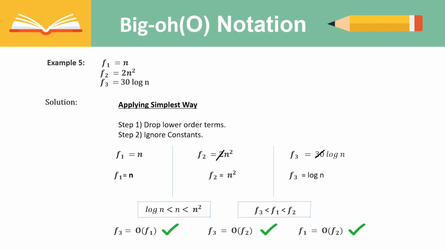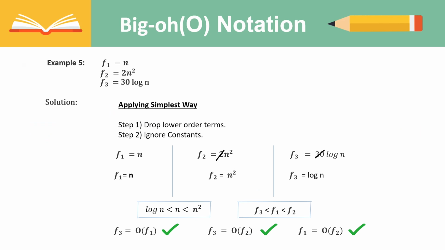Here we have no constants and no lower order terms, so f1 is equal to n. f2 is equal to 2n square. Here we have 2 as a constant and there is no lower order term, so the constant gets cancelled. Therefore f2 is equal to n square. f3 is equal to 30 log n. Here we have 30 as a constant and there is no lower order term, so the constant gets cancelled and therefore we can say f3 is equal to log n.